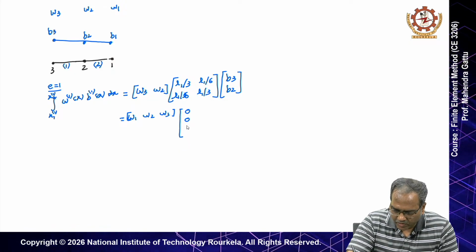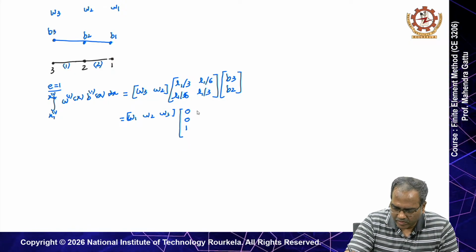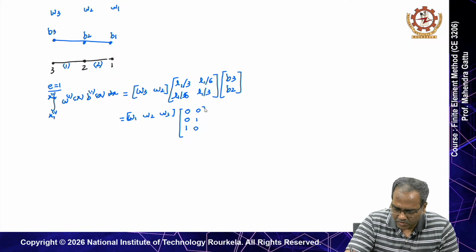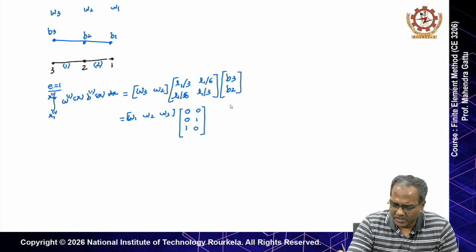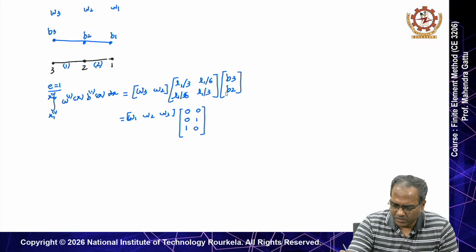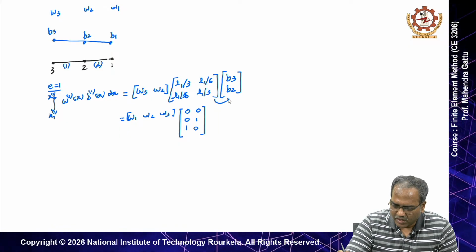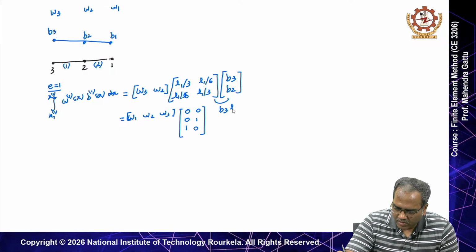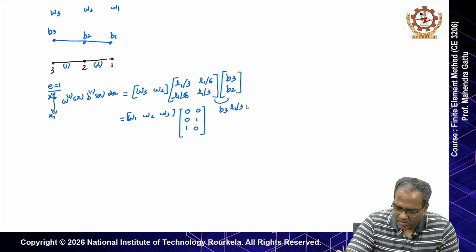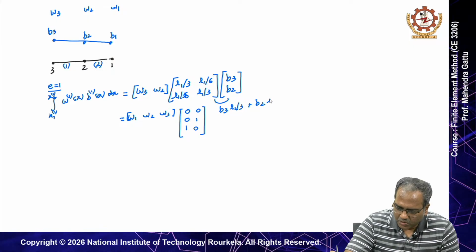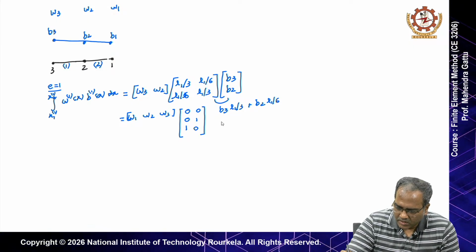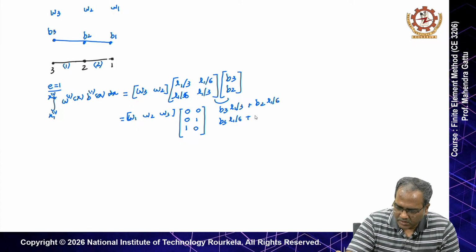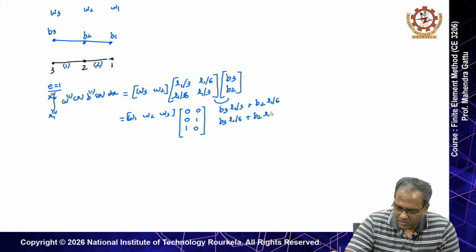0 0 1, and the second column will be 0 1 0. We can multiply these two matrices, and we will get B3 L1 by 3 plus B2 L1 by 6, and here B3 L1 by 6 plus B2 L1 by 3.